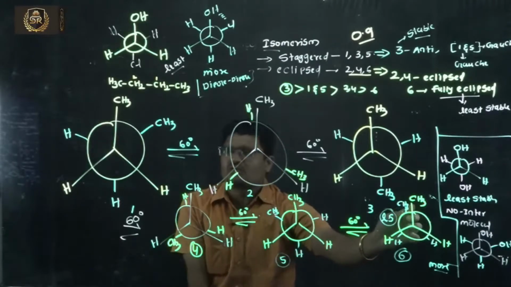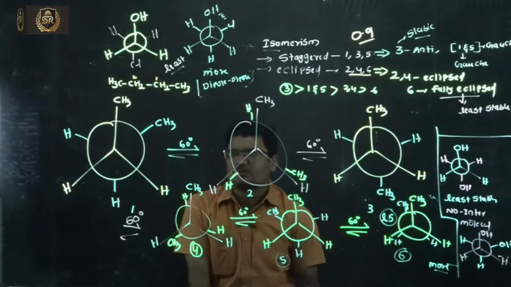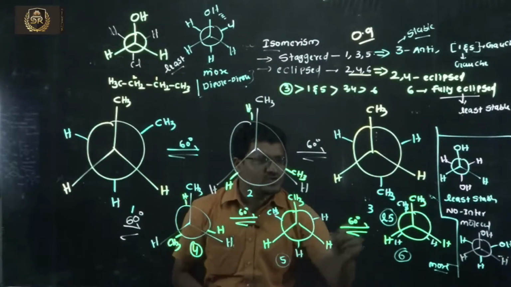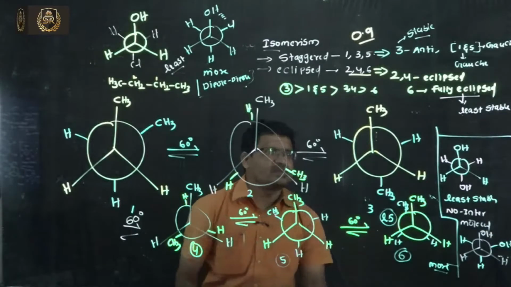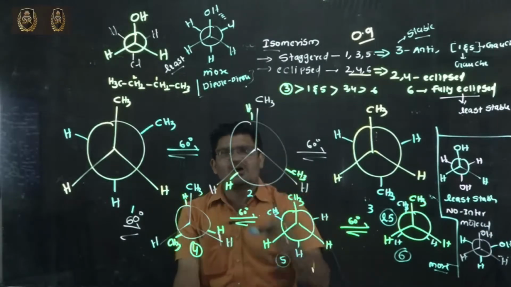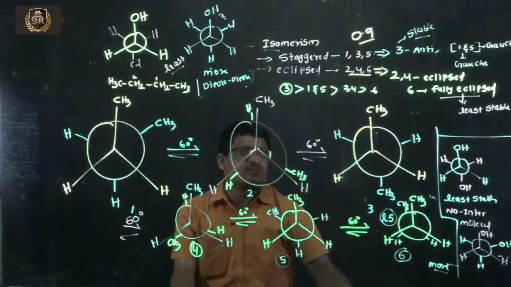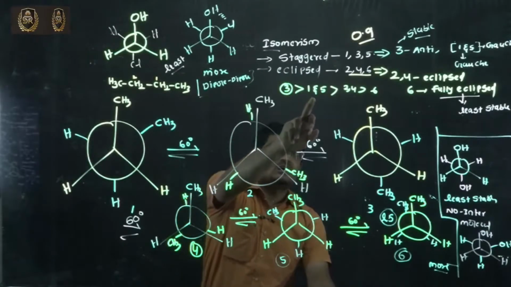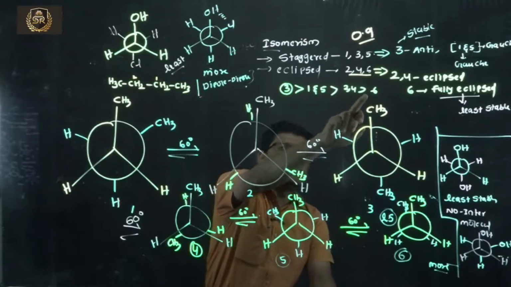That means the two bulky groups are closest to each other. The anti bond angle is 180 degrees, and its order is anti, Gauche, eclipsed, fully eclipsed.